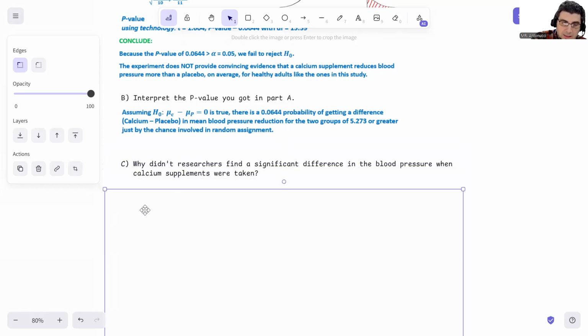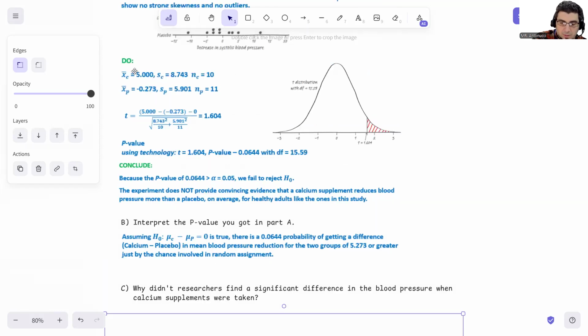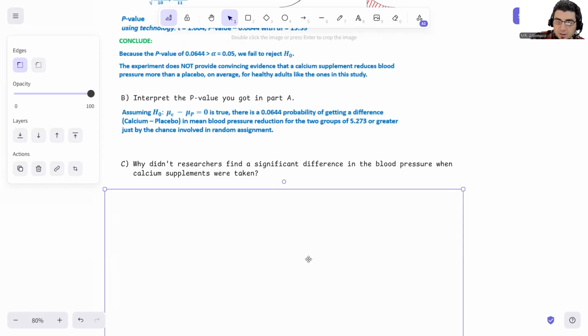And then the last question we have here is why didn't researchers find a significant difference in the blood pressure when the calcium supplements were taken? If you think about it, the mean difference, if we look at our means here, 5 minus negative 0.273, you would get a sample mean difference of 5.273, which seems like a relatively large amount.